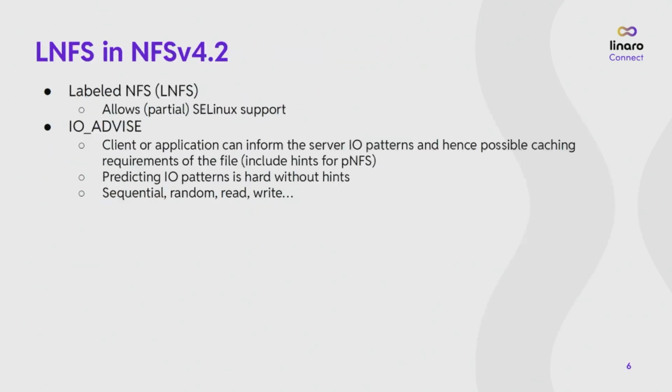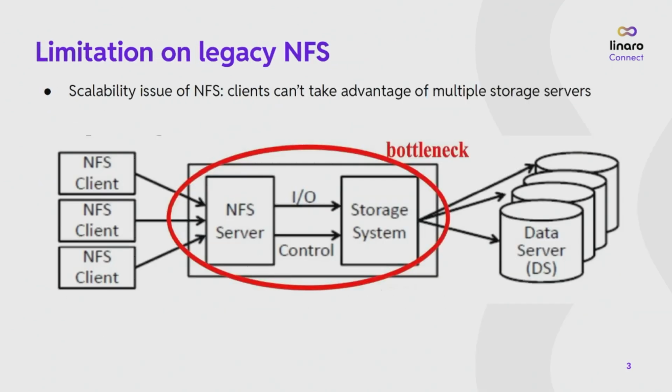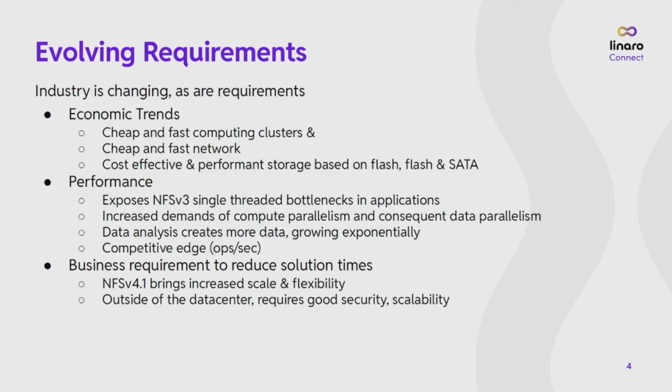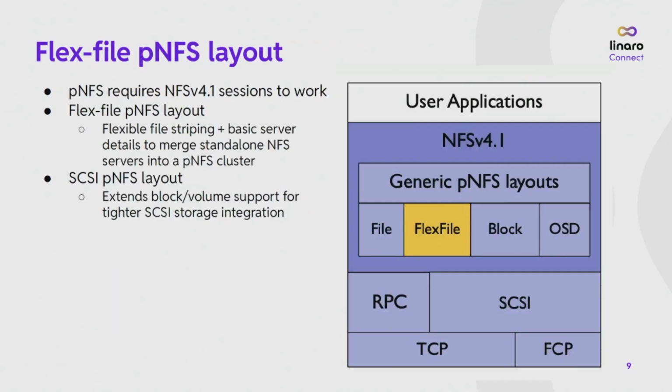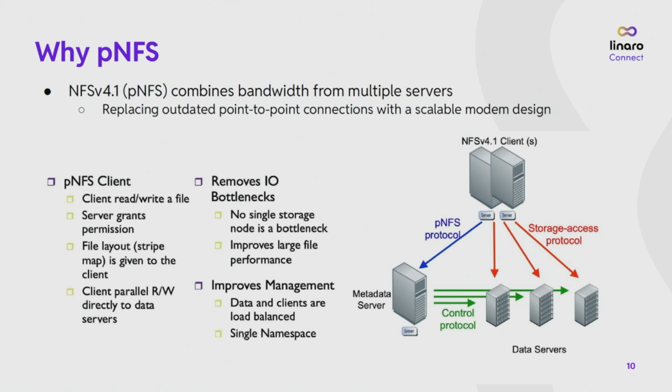As we talked about, in NFS v3 the I/O flow and the control flow are combined, and in NFS v4.1 the I/O flow and the control flow are separated, so the client can access the metadata server for the necessary information.